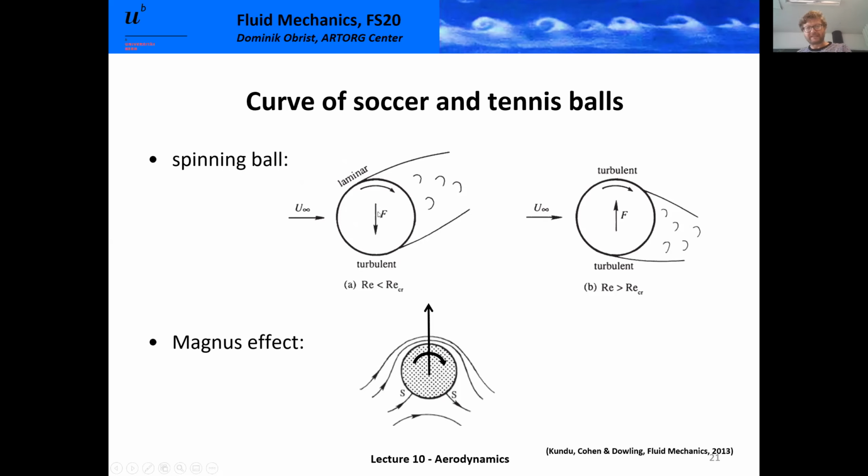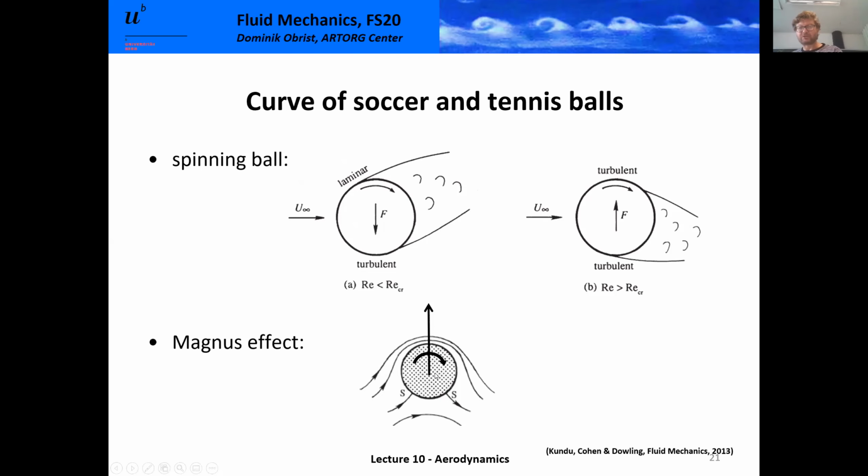The cool thing about this is that this effect can change if we increase the Reynolds number. If we go well beyond the critical Reynolds number, then both boundary layers will be turbulent. And we cannot play the game of different separation points anymore. Both are turbulent, both remain attached.